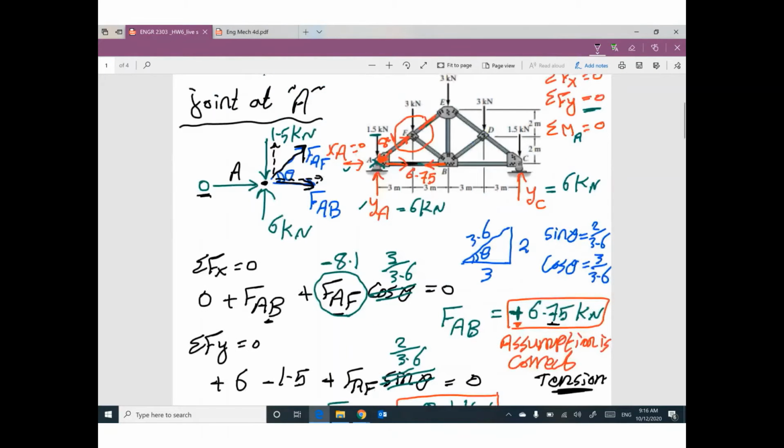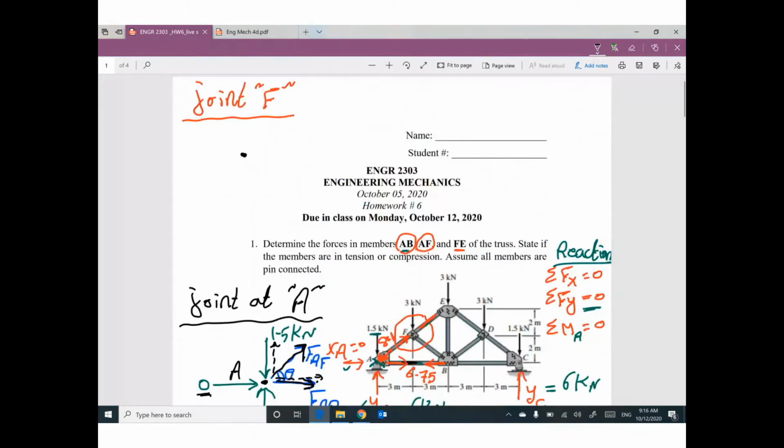Okay? For joint F, what do you have at joint F? I have a vertical force, 3 kilonewton. I have this inclined force. I know the actual or the correct direction, which is compression. How much? 8.1.